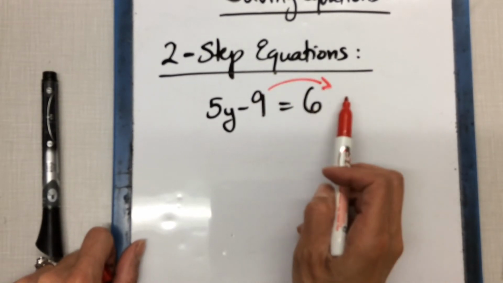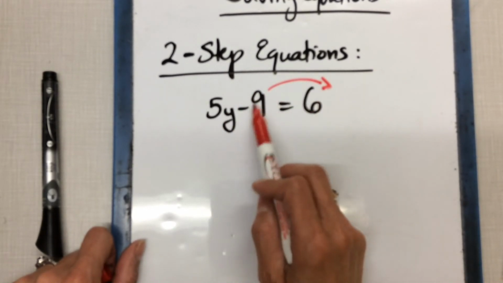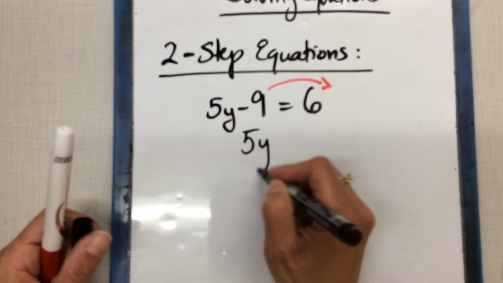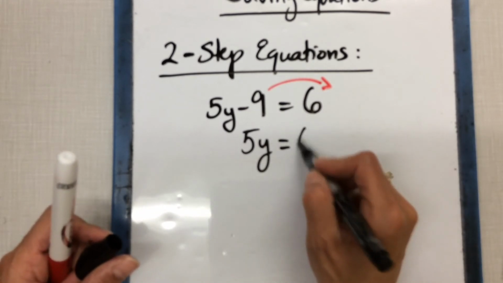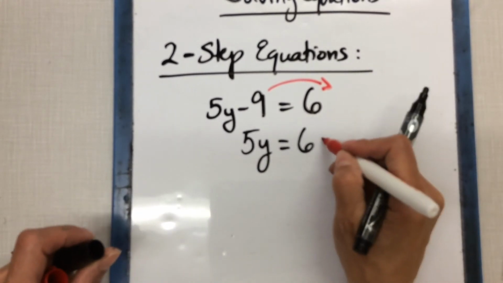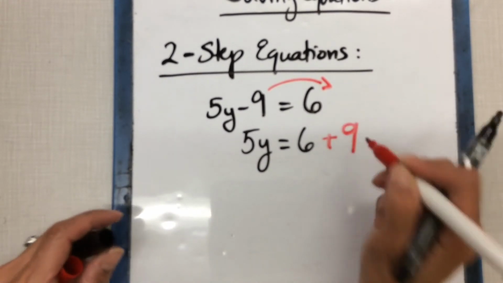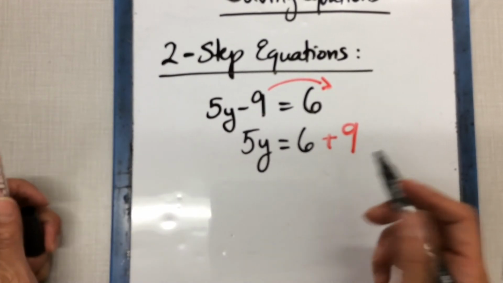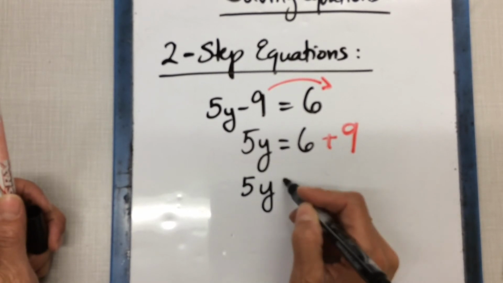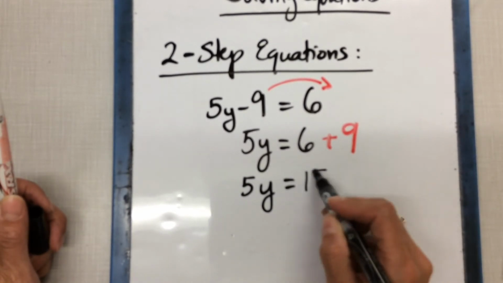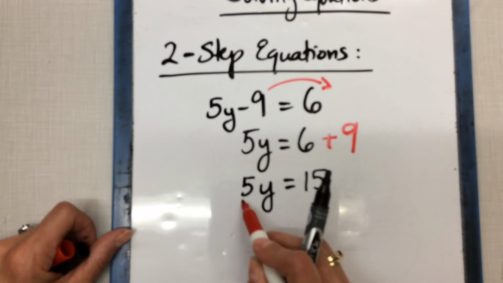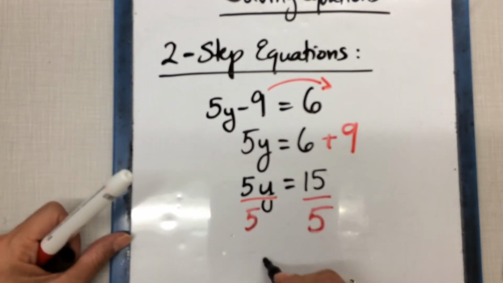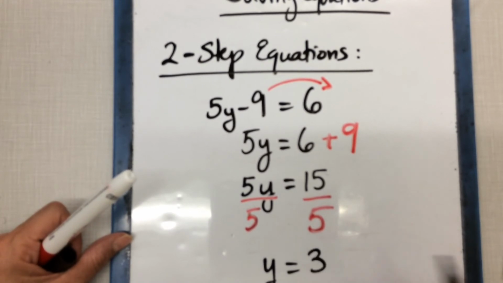And when you take something overboard, meaning over the equal sign, the sign changes. This is a shortcut. You don't have to do this, but if you've understood the concept, it just eliminates some extra steps. So there we go. I've brought it over and it became a positive. And now I've got 5y is equal to 15. The next thing is to divide by 5. And now I've got y is equal to 3.